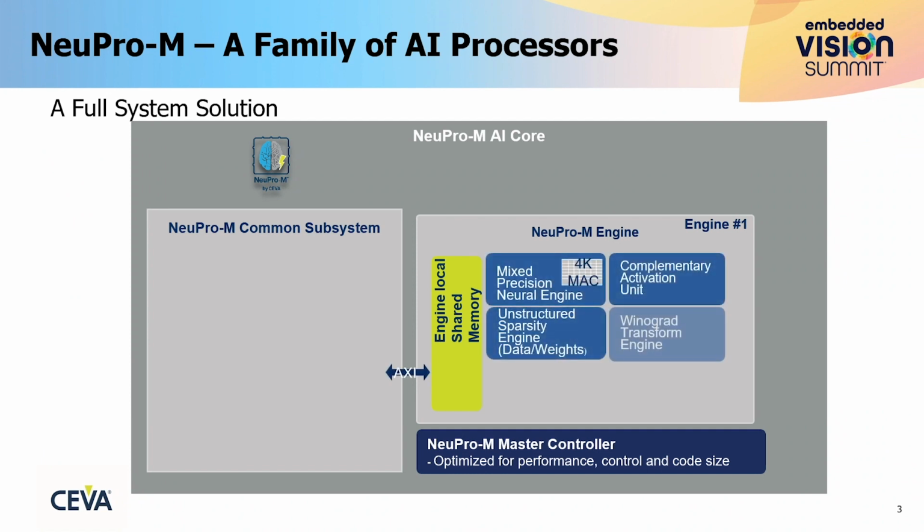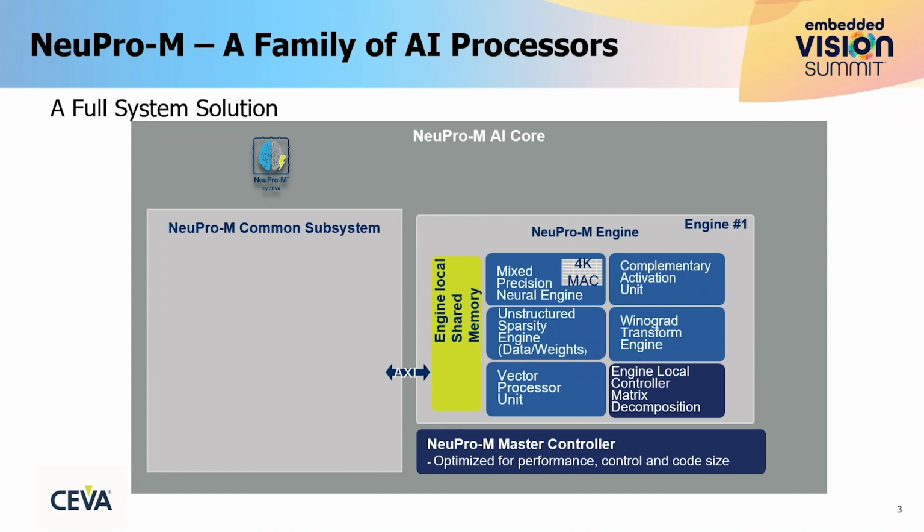All right. So I'll begin by introducing the new Pro-M AI processor. It's the newest member of the NeuPro-M family. Basically, this is a combined and integrated system for AI applications.